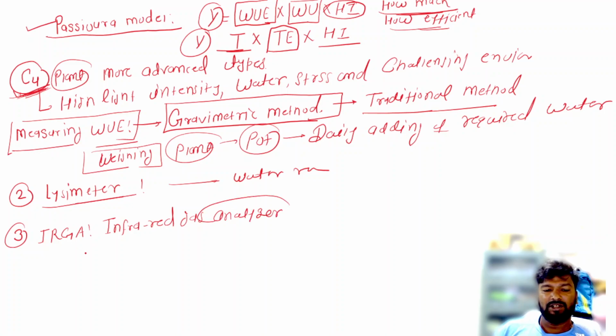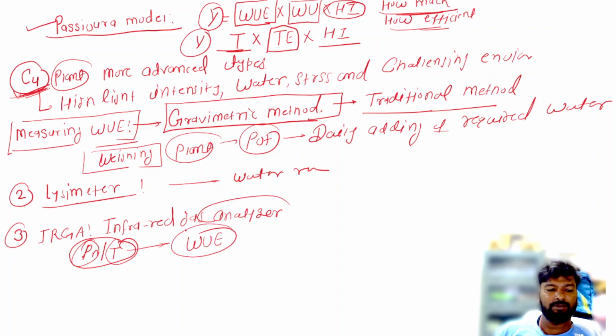So this instrument measures the photosynthetic rate and the transpiration. By measuring the photosynthetic rate and transpiration, we can measure the water use efficiency.